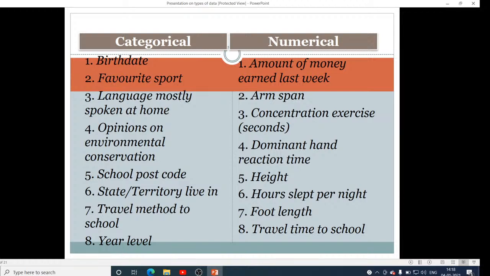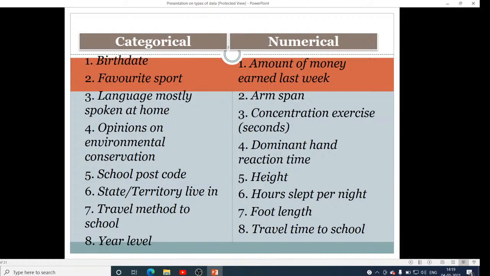Now see, we are in the categorical data. Birth date: we can describe it with numbers, but those numbers have no mathematical meaning. Can we add birth dates? No, we can just describe the birth date. Can we add or measure the postcode? No, we can just describe it with numbers in a natural language description.